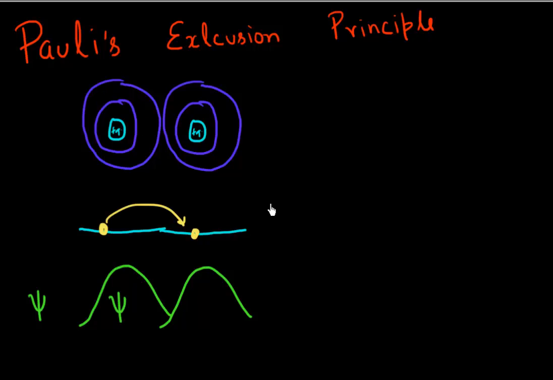Pauli's exclusion principle says that if you have two separate electrons, they need to have their own states. So what needs to happen is that these two individual states from these two atoms need to split up into two different states.